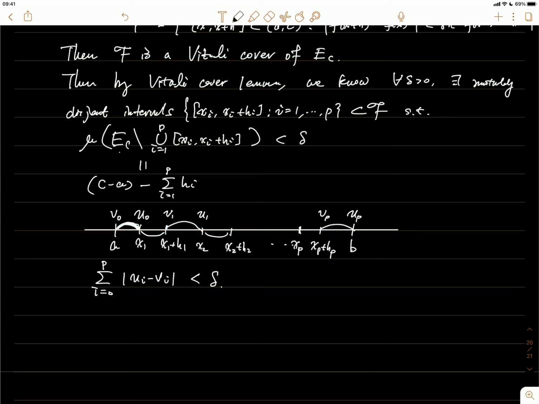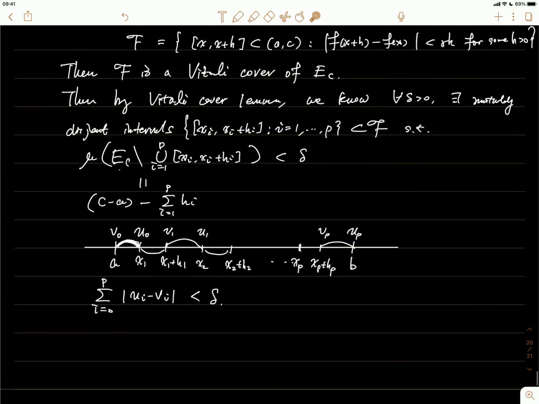Since whatever is left, this part will be E^C minus the length of this, which will be equal to the length of E^C minus the rest, since the E^C fills up the entire AB or AC. Let's just say C here, just up to C.